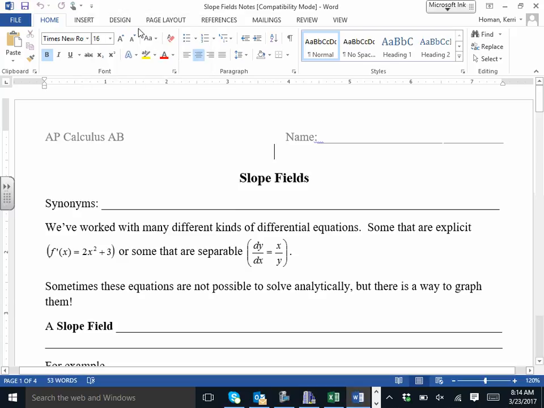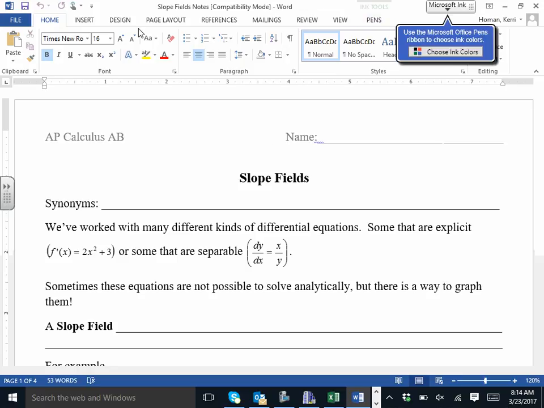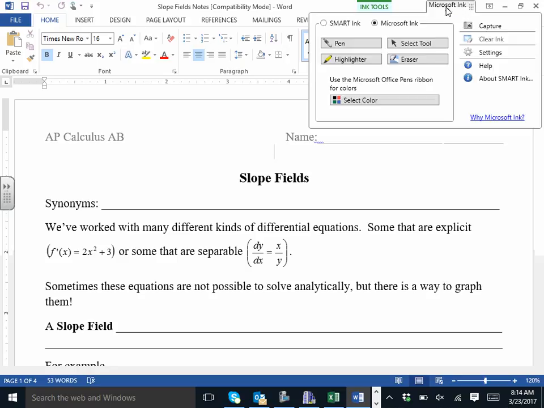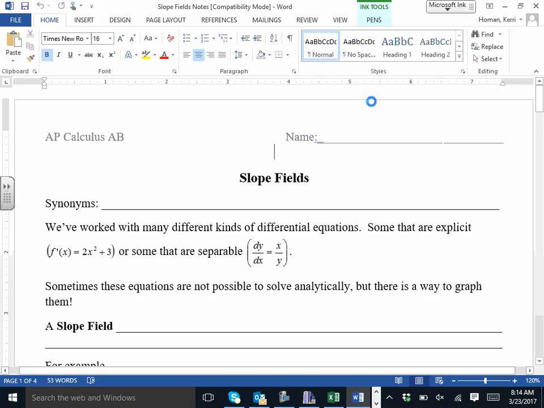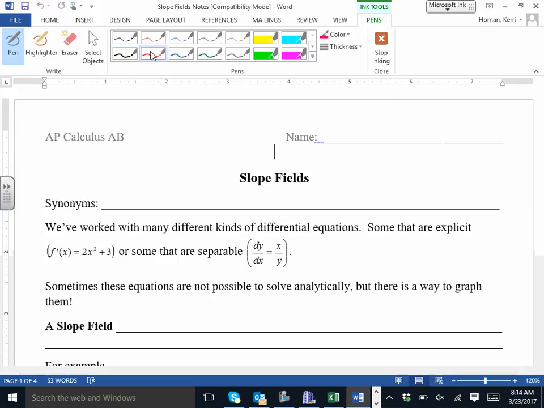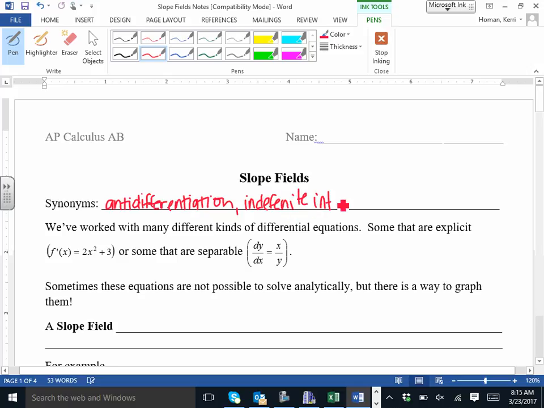Our last section in chapter 6, slope fields. All right, so some synonyms for slope fields: anti-differentiation, indefinite integration, or solving differential equations.